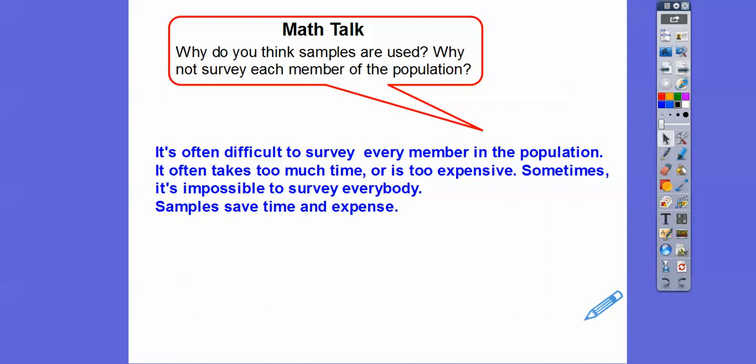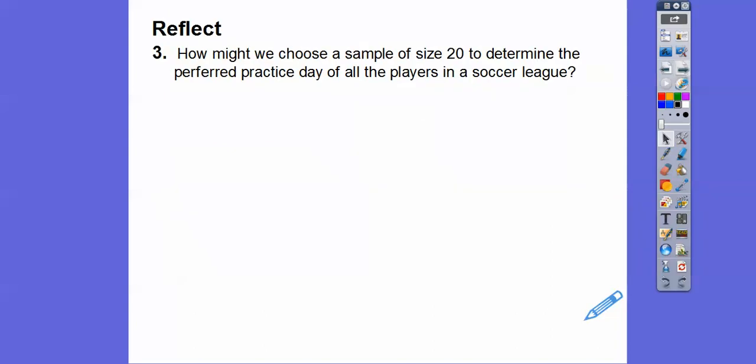Well, you couldn't get every beetle, so you'd have to somehow randomly select beetles from all over that hay field. Often it's too much time, or just plain too expensive and too time consuming. So it's impossible to survey everybody or everything, so samples save time and they save money. That's why we do samples.